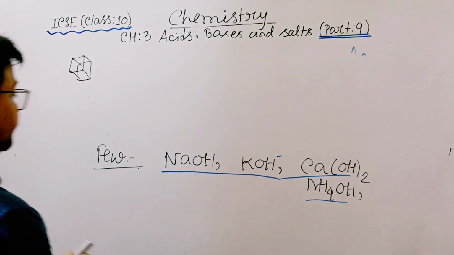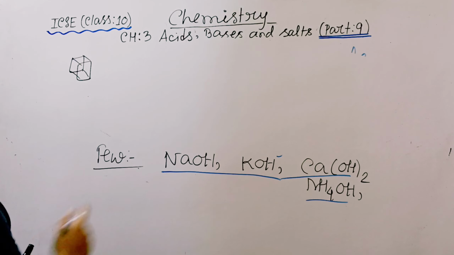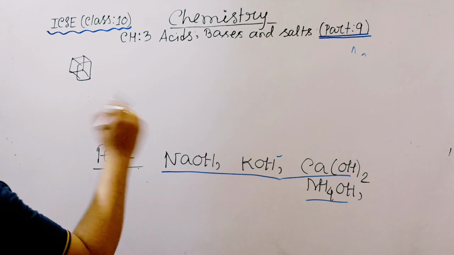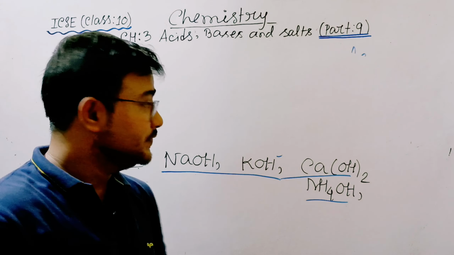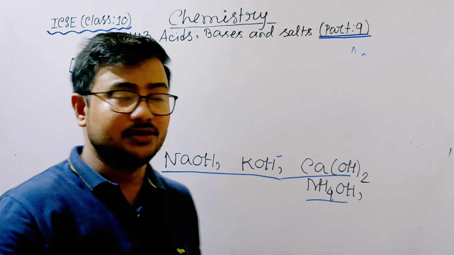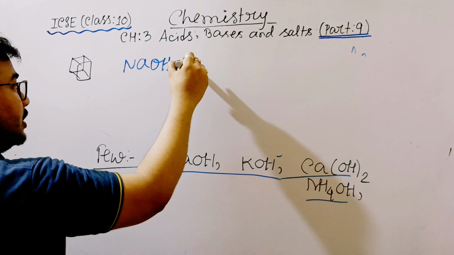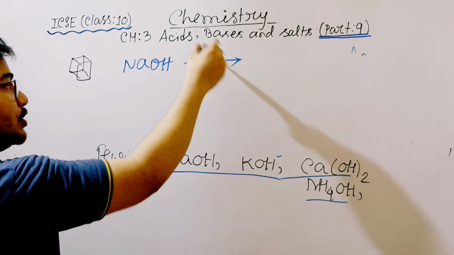Among these four, all are alkalis because all are soluble. But soluble, it's okay. Can you tell me which ion they will produce? OH minus ion, no? I told you already. Whenever NaOH dissolves in water, you can write water on the arrow.